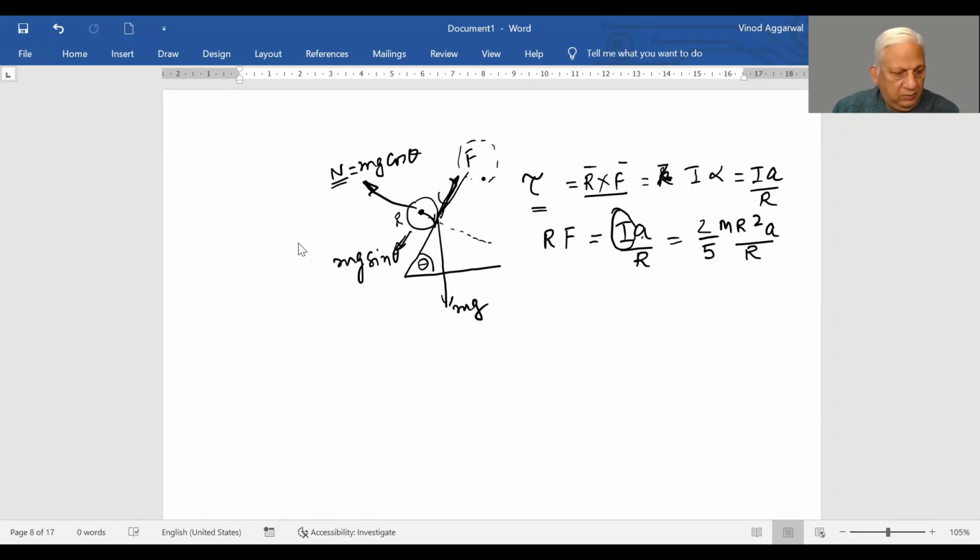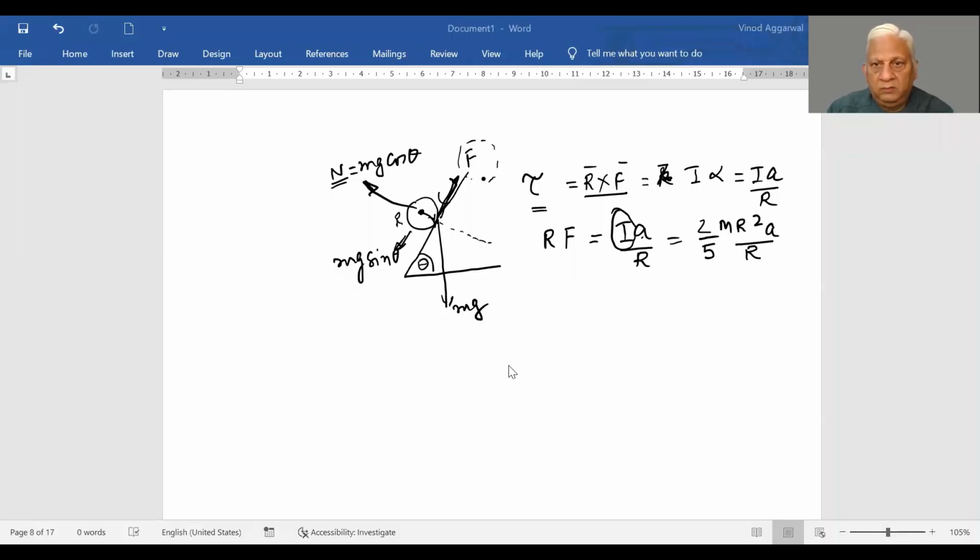Then what happens is, one of the R gets cancelled by this, so we are left with F equals 2 by 5 m A.